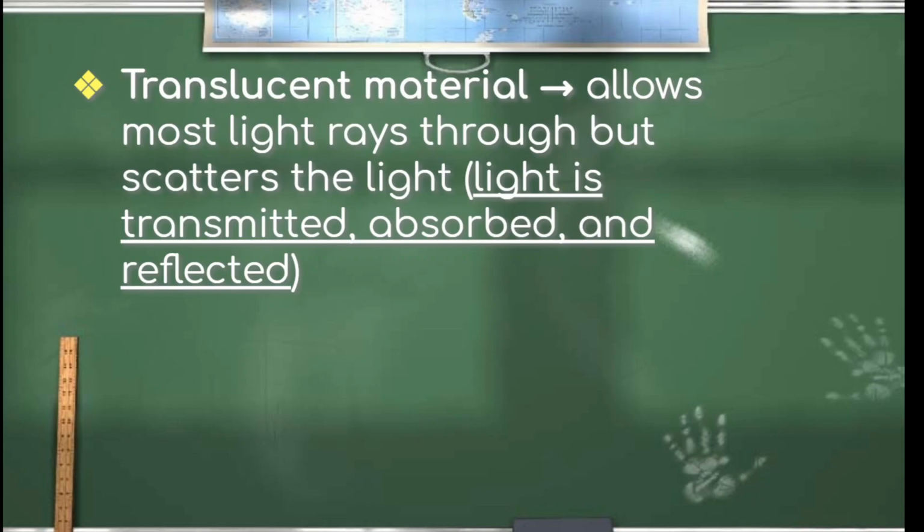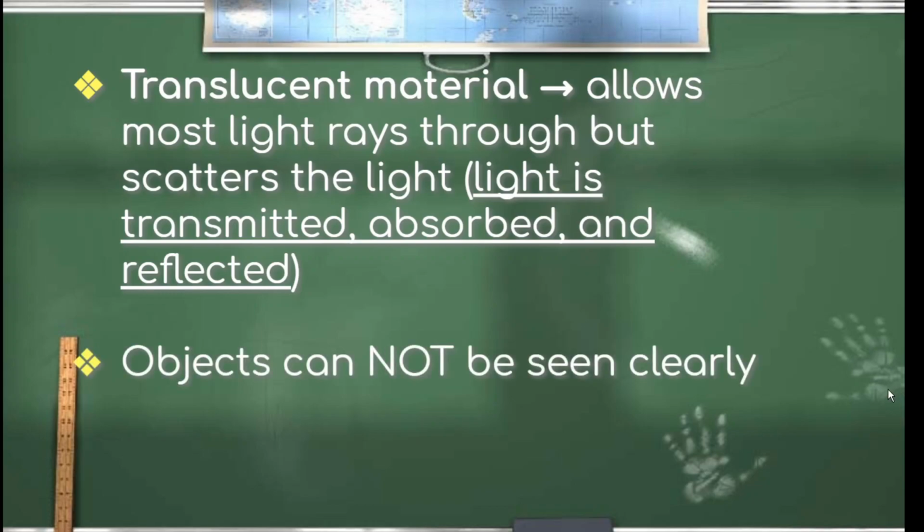Absorbed means that some light hits it and that light kind of gets eaten up by the object. And then reflected means some light will hit it and bounce right off and bounce into your eyeballs so that you can see it, right? If all the light was absorbed and it was not reflected, you wouldn't be able to see the object at all. It would probably be like a black hole.